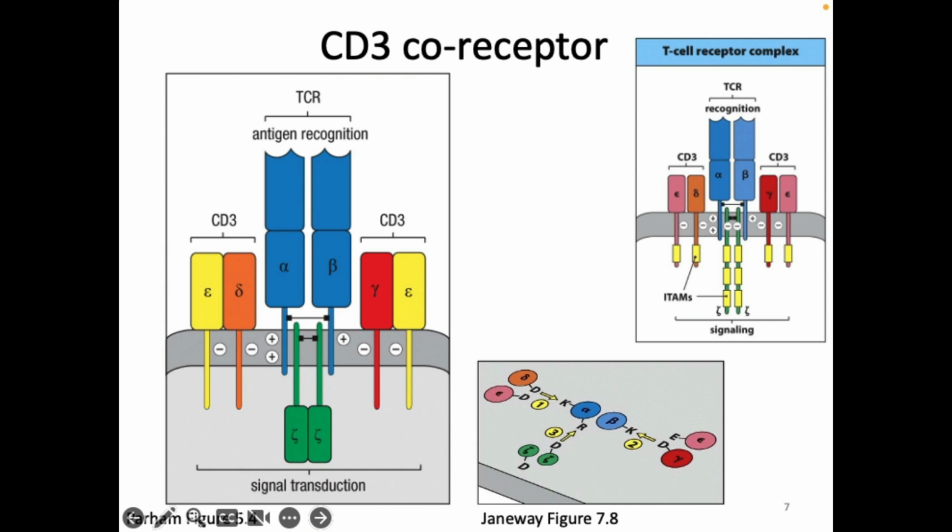You can see that there are different charges in the transmembrane domains of each of these proteins, based on certain amino acids that are there, and this all is held together. Even though there are non-covalent interactions, this will all diffuse together as one thing. And so even though the T cell receptor doesn't have its own cytoplasmic domain, it's always diffusing around with its friends who are bringing the cytoplasmic domain.